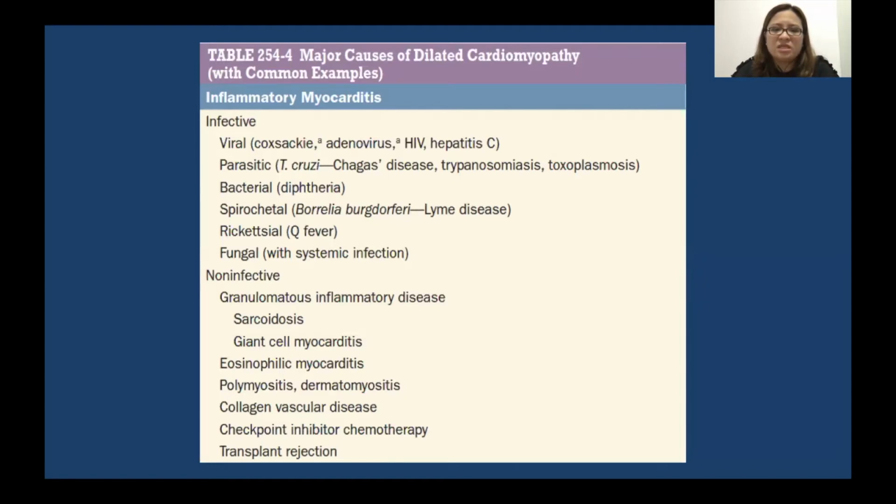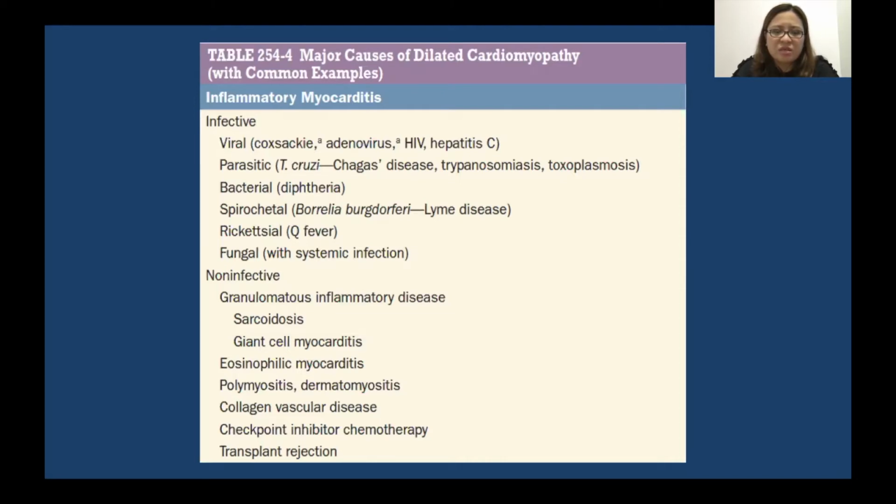Bacterial causes such as diphtheria, spirochetes such as Borrelia burgdorferi causing Lyme disease, rickettsia causing Q fever, and fungal infection with systemic infection. For the non-infectious causes, it includes granulomatous inflammatory disease such as sarcoidosis and giant cell myocarditis.